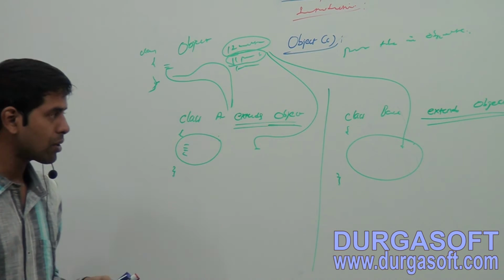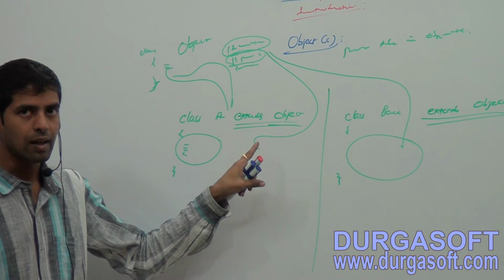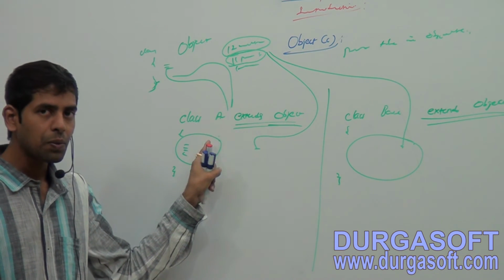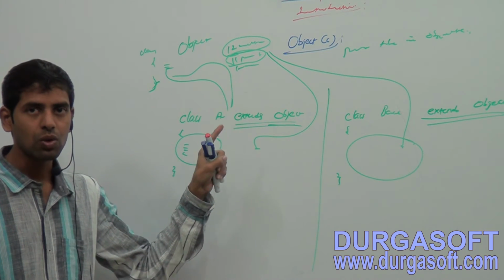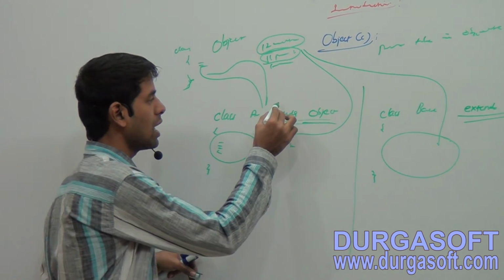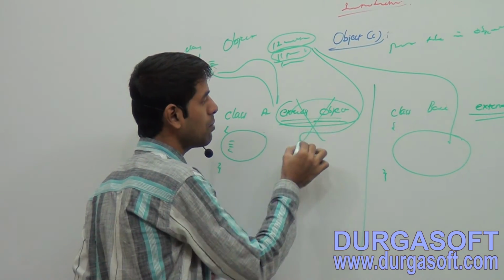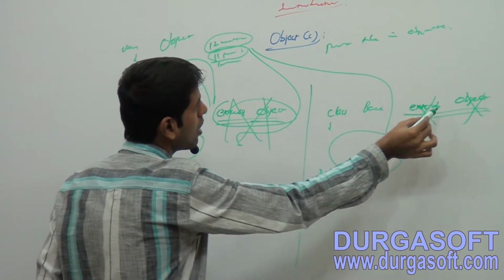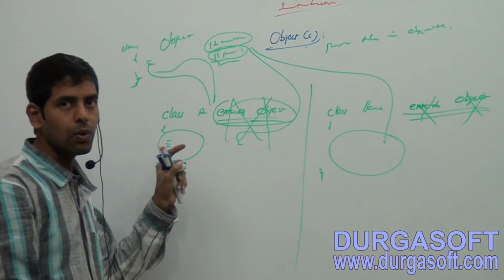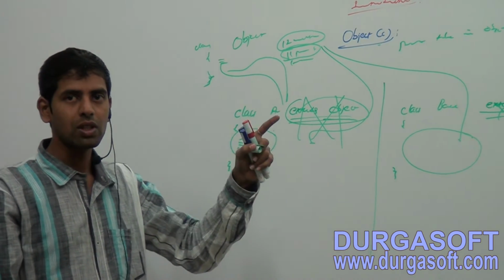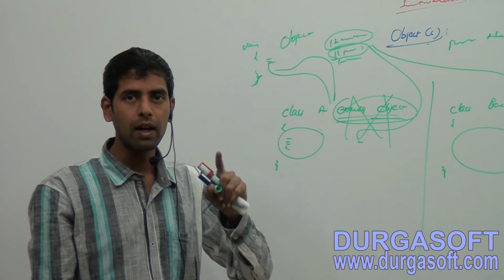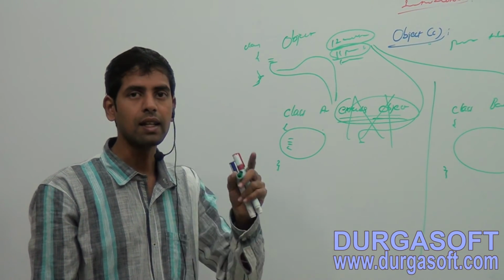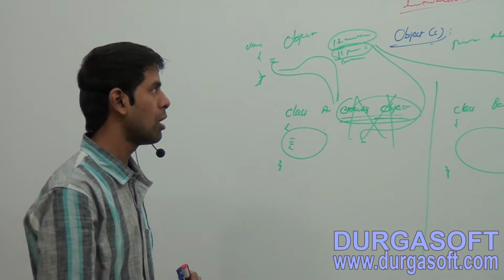Each and every class requires some implementation, so why do they want to do extends? Sun Microsystems did one thing: by default, I'll make each and every class a child of this Object class to access the most frequently required methods, that is, the implementations. So observe here.